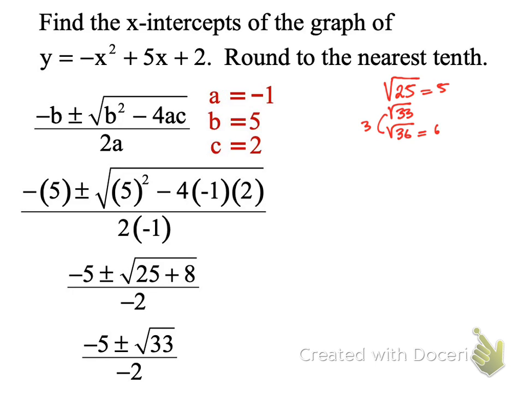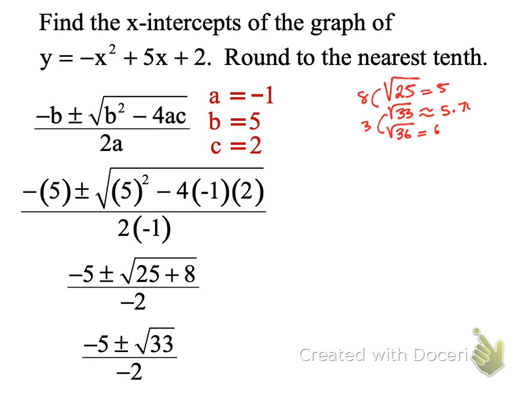This is 3 digits away, and this is 8 digits. So I'm going to guesstimate that it's about 5.8. I think 5.8. 5.74. Okay, 5.74. So when they use their calculators, I was 0.6 off.